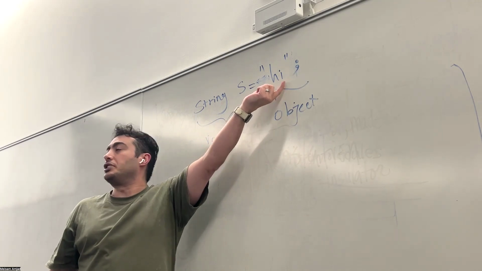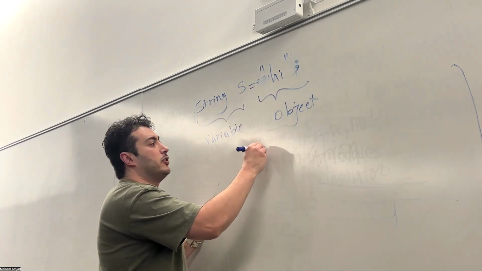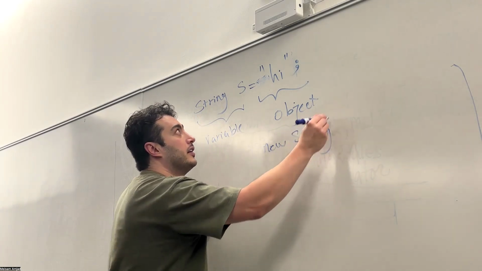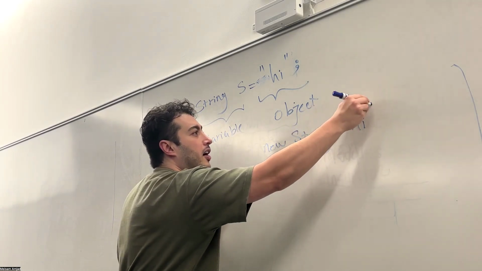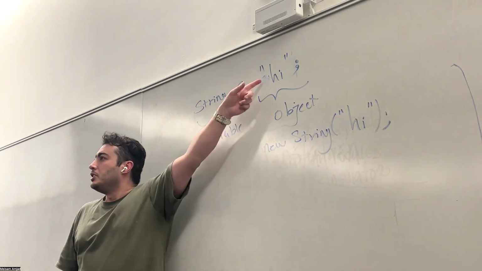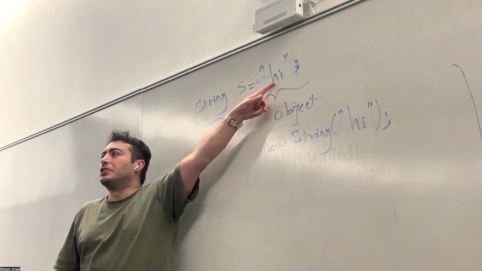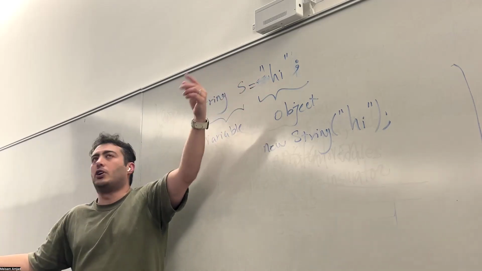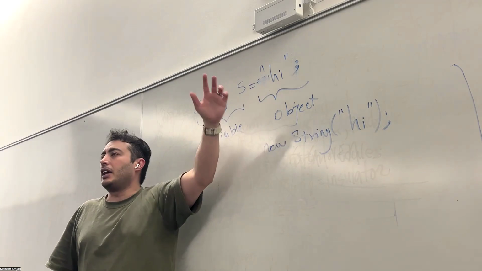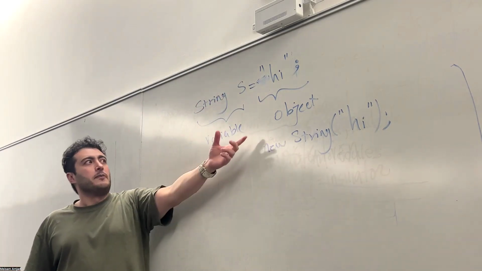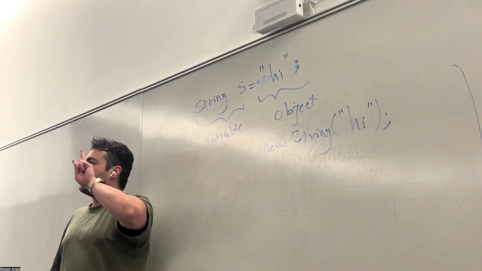I can also say new String("hi"). These are the same thing. In Java, you can also write it the short way because it's a commonly used class, so they actually added more code. When you do something like that, it works kind of similar to this, kind of, not exactly.